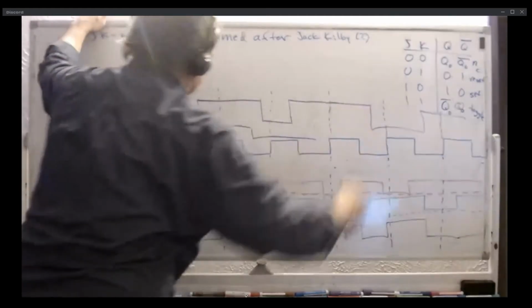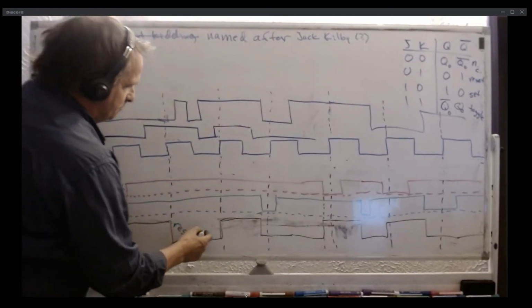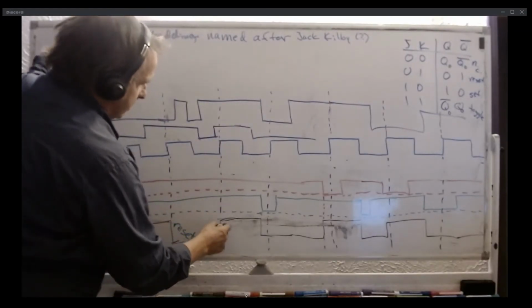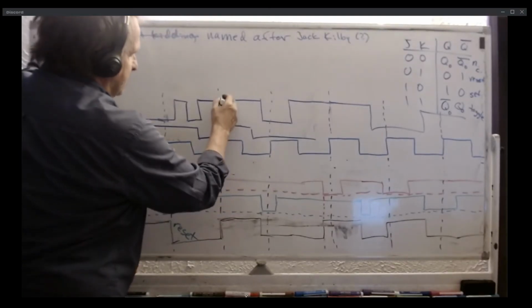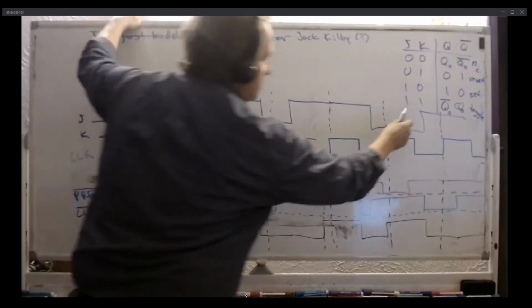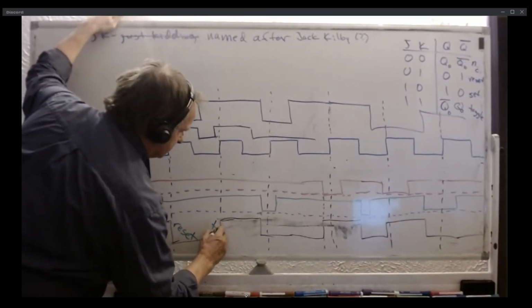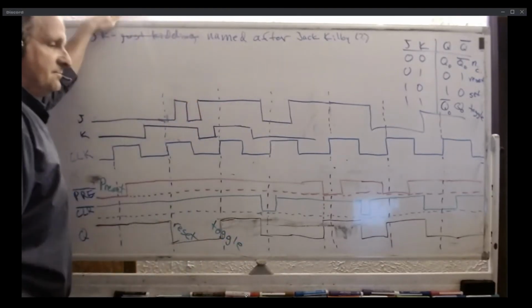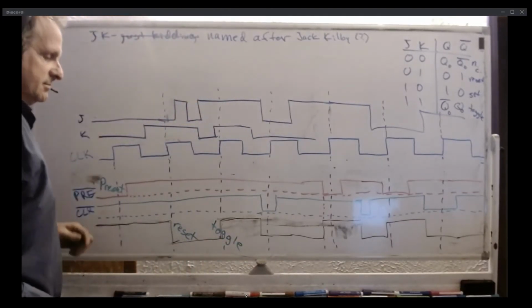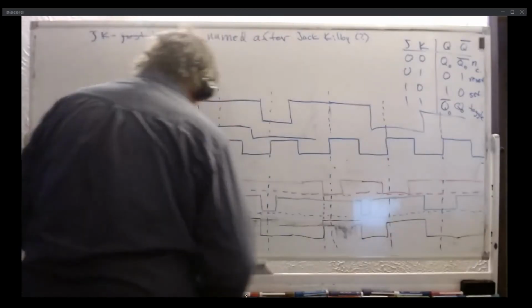And then here they're both still inactive, and J is high, K is high, so we're in the bottom row of the truth table. This is toggle. Okay? And after that, preset and clear take over.